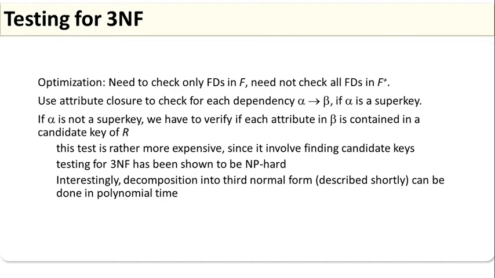If alpha is not a super key, we have to check whether each attribute in beta is contained in a candidate key of R. This test is rather more expensive, since it involves finding candidate keys. Testing for 3NF has been shown to be NP-hard, while testing decomposition into third normal form can be done in polynomial time.